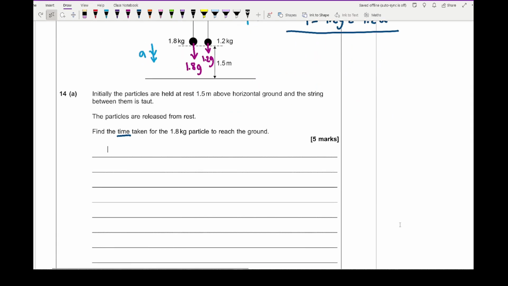So if we set this up, so S, U, V, A and T, we know that the distance travelled is 1.5 metres. We know that this is initially at rest. We want to work out the time taken to get to the bottom. So our acceleration is a value we can find through the simultaneous equation.